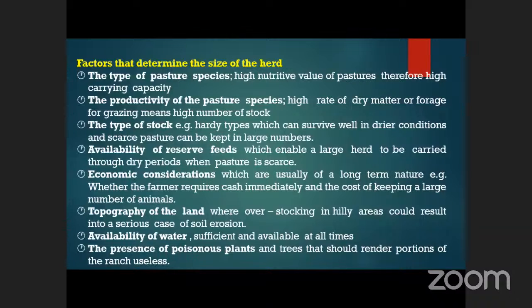So the other, third point says the type of stock. Hardy types which can survive well in dry conditions and scarce pasture can be kept in large numbers. Ability of the animal to withstand harsh weather conditions where there is limited food, you reduce the time of eating.